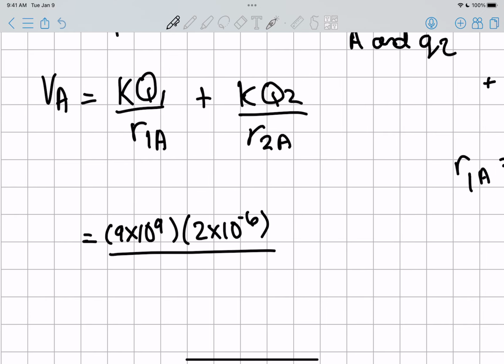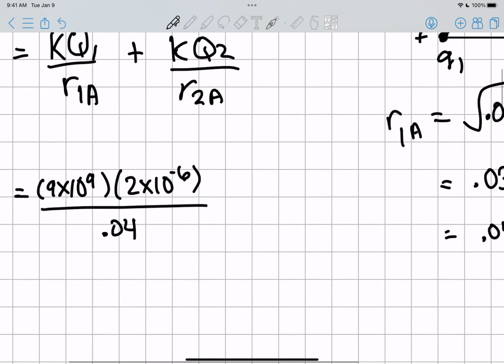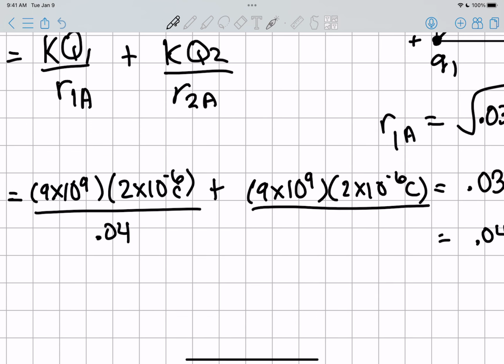Then you divide that by your R1A, that 0.04, and add this to your other KQ2 over R. So this is 9 times 10 to the 9th, and then 2 times 10 to the negative 6 coulombs, divided by 0.03.